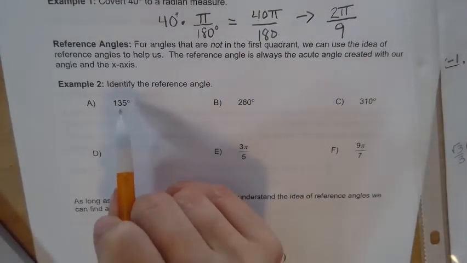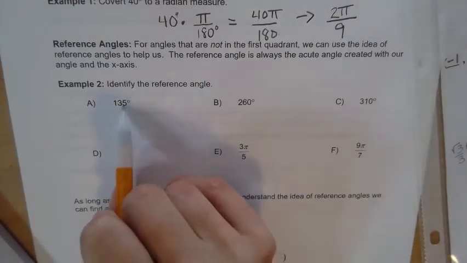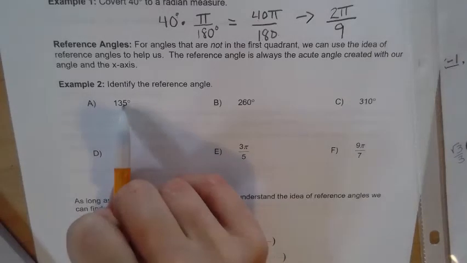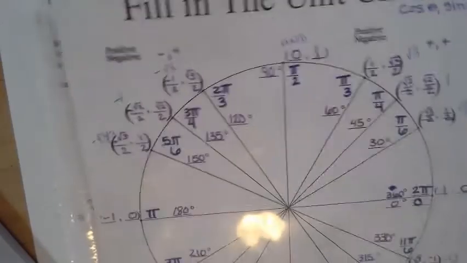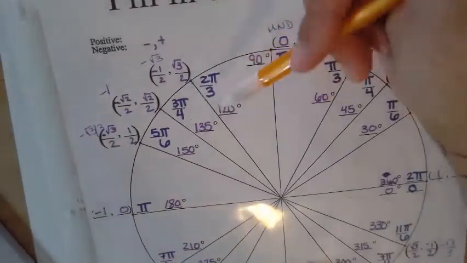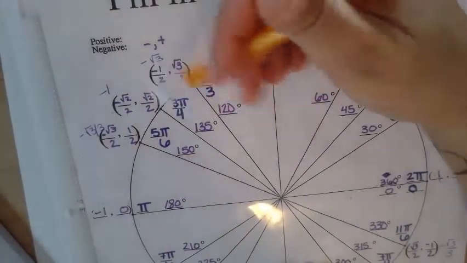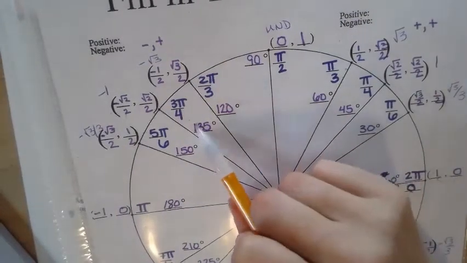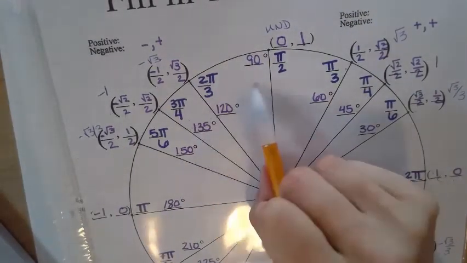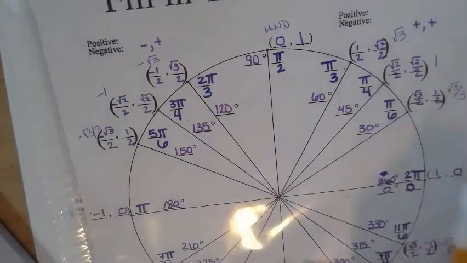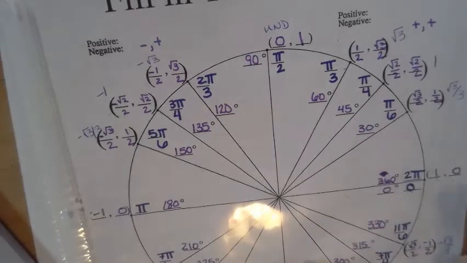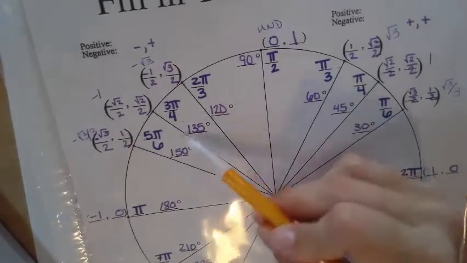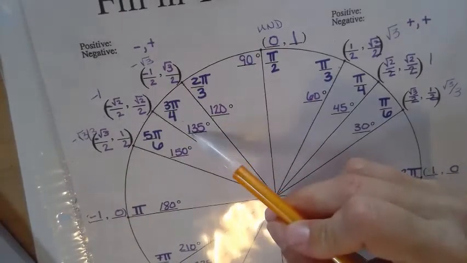So in other words, we're saying at 135, what is the angle in quadrant 1 that we can compare this with? So 135 is right here, right? As you can see, how many degrees is that from 90? It is 45. Okay, so we want to ask ourselves, what can I do to get this to 45?